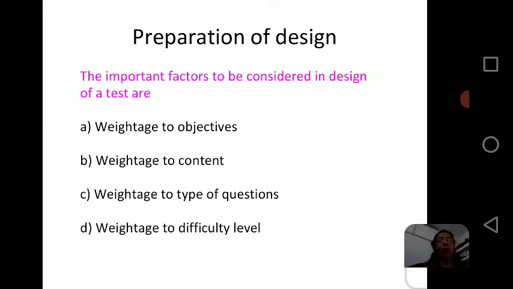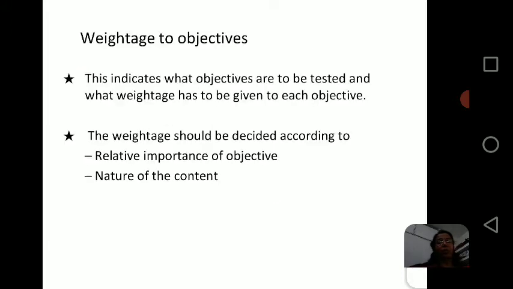Let us see what is meant by weightage to objectives. This indicates what objectives are to be tested and what weightage has to be given to each objective. You have formulated four objectives as explained earlier: knowledge about the balanced diet, understanding about balanced diet, application ability of balanced diet, creativity ability of balanced diet.